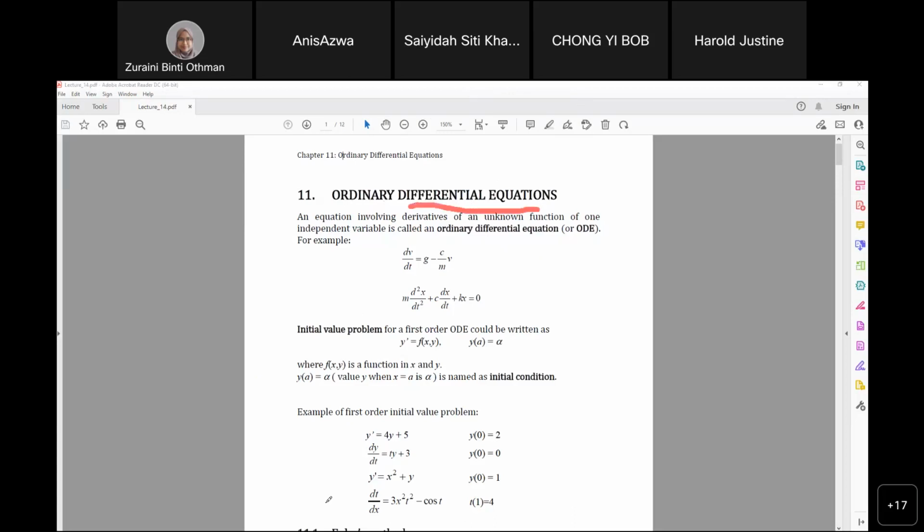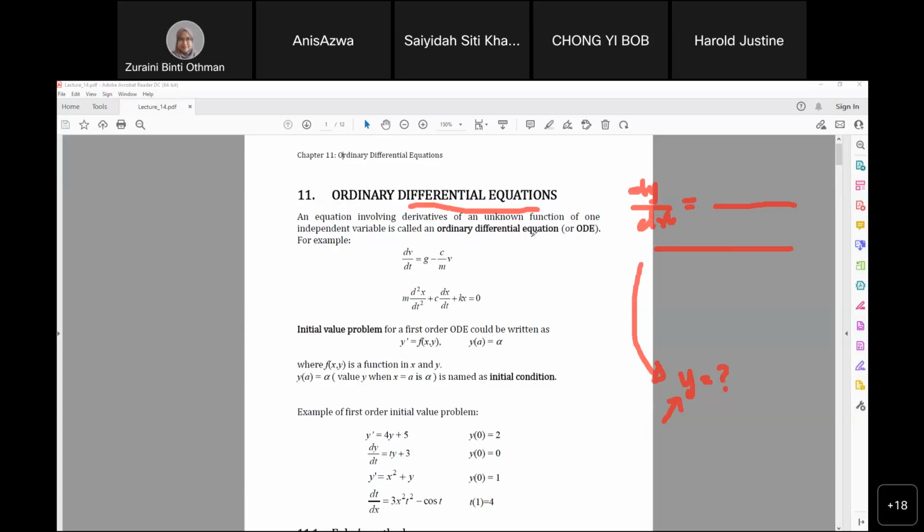Persamaan pembezaan is where we have the value of dy over dx, given by the question, and our task is to find the value of y. Maksudnya apa? This is the original equation, persamaan asal.